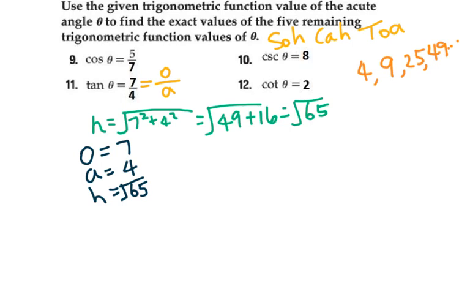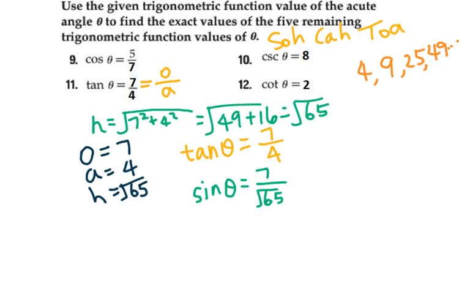And we are given that tangent theta equals 7 over 4 already. And for the major ones, I have sine theta equals O over H, which means 7 over square root of 65. So simplify, you get square root of 65 over 65.